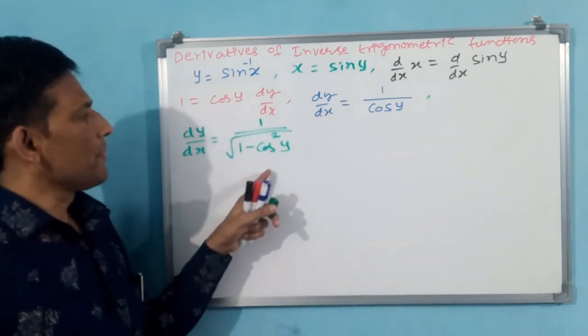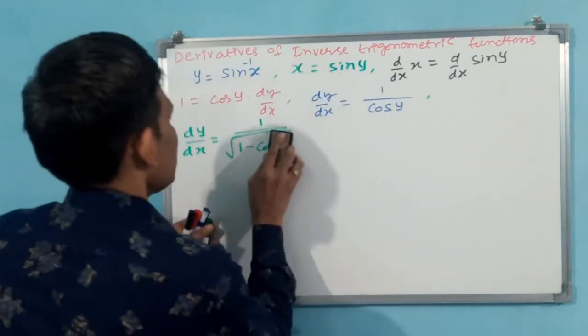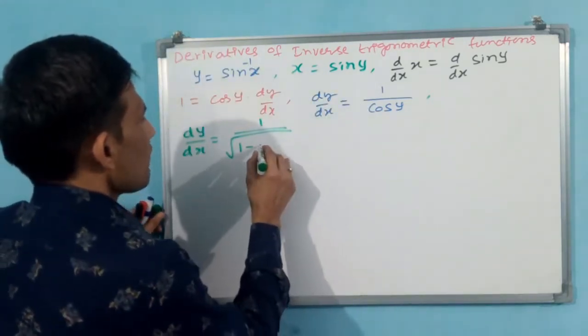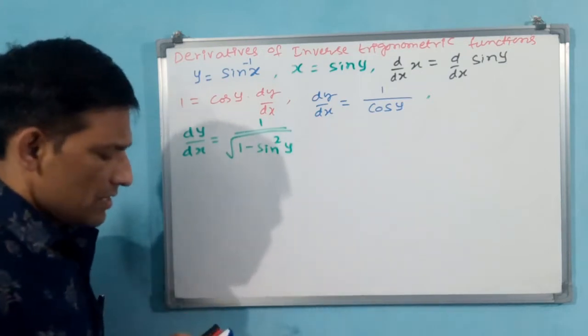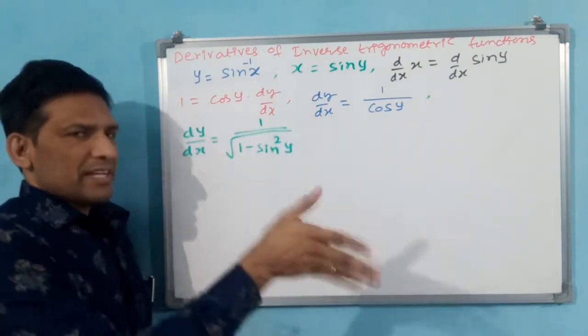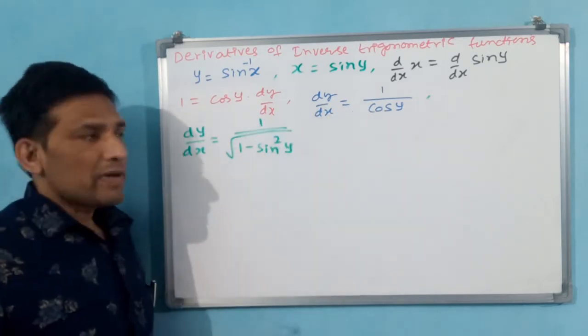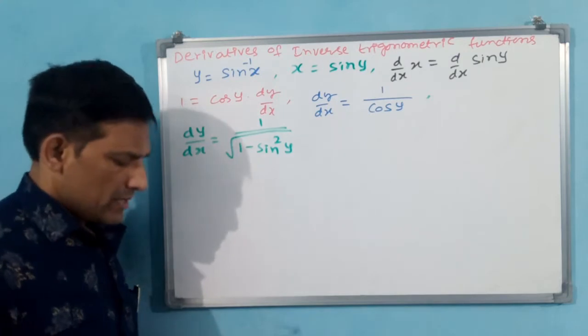First, you see, sorry, sine square y. Square root of 1 minus sine square y. dy by dx LHS is okay, but you see, 1 by cos y, shall I write square root of 1 minus sine square y? Definitely I can write.